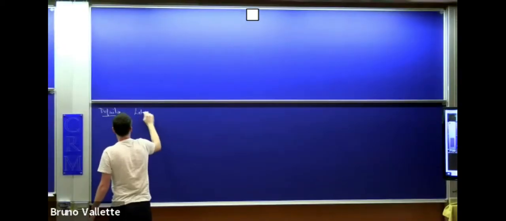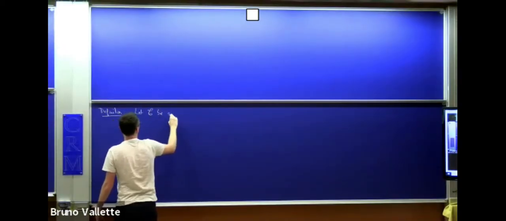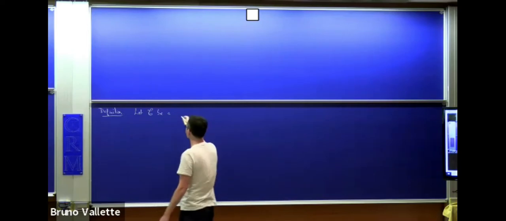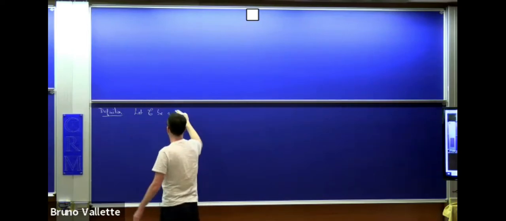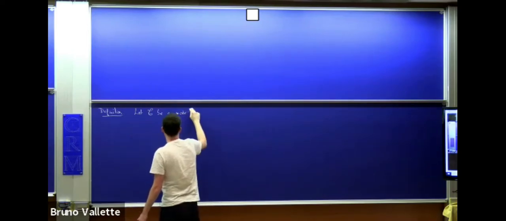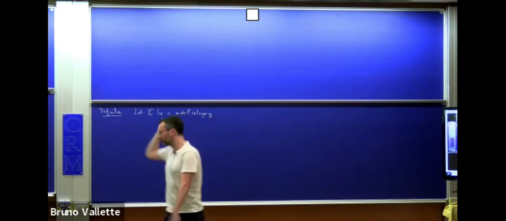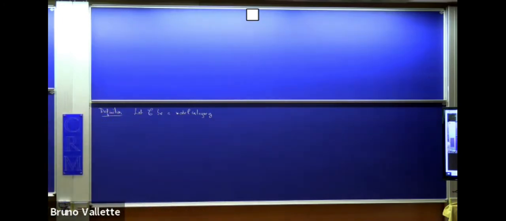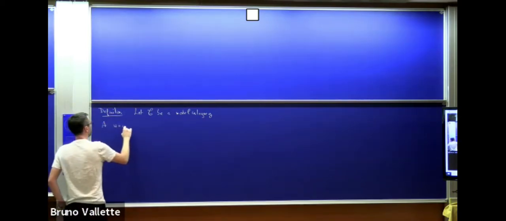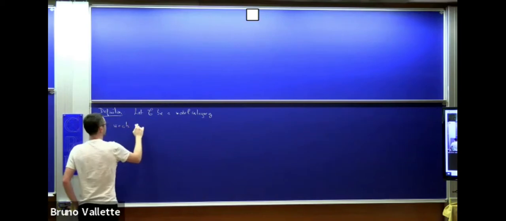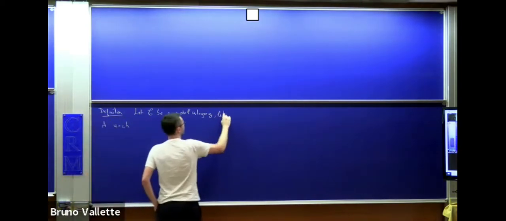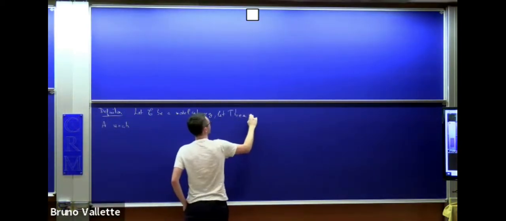So let C be a model category. I mean, it's not so important that it's a model category. All I care about is that it has a notion of weak equivalences and it has finite products. And let T be an algebraic theory.